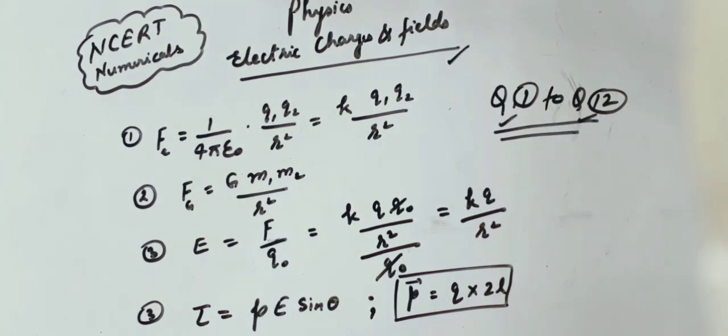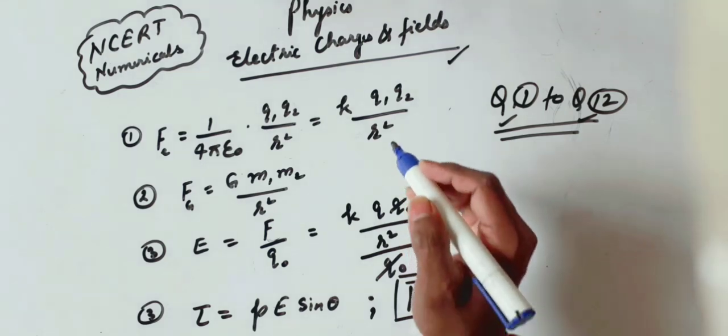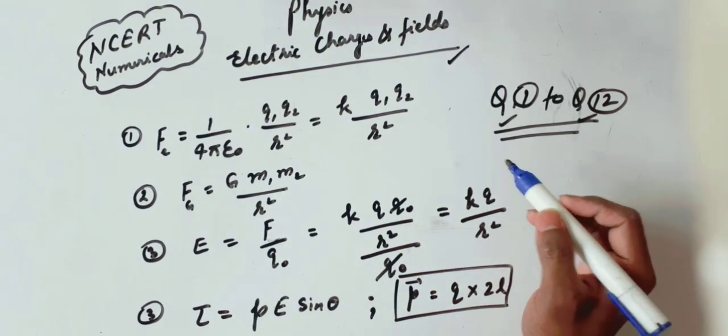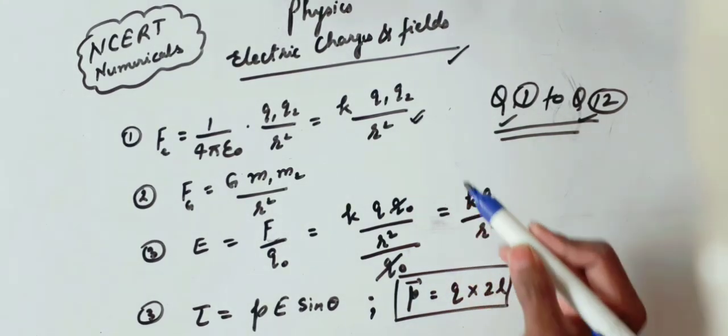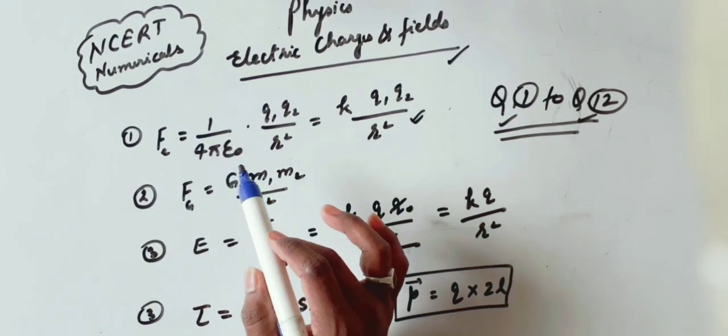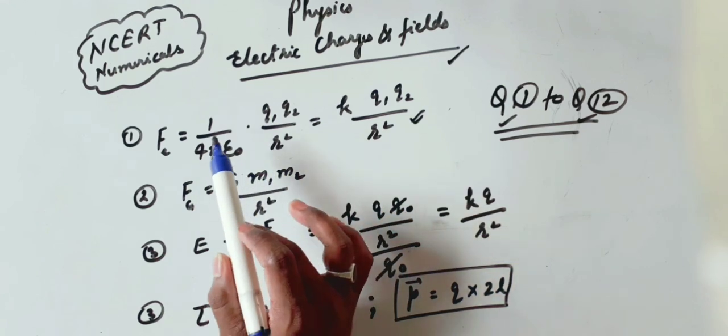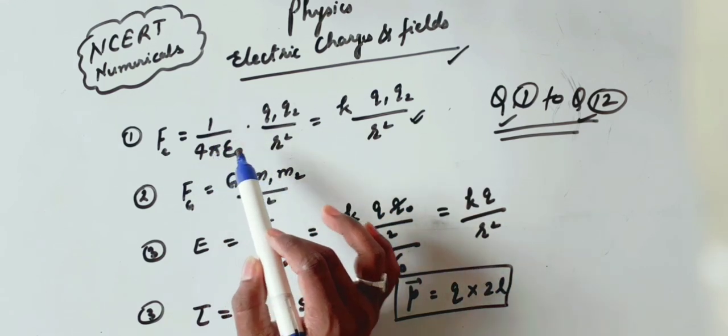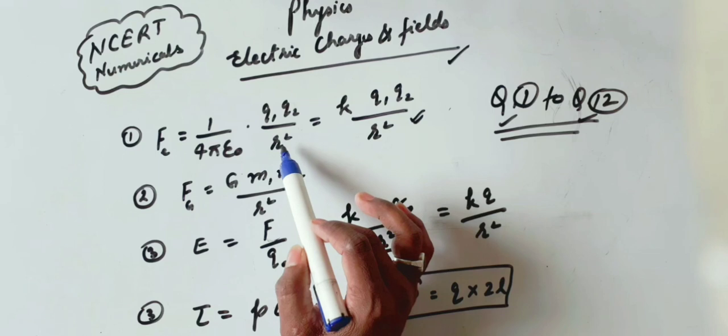Okay. So friends, first formula which is used to solve the numericals is Coulomb's law. According to Coulomb's law, the electrostatic force acting between two charges will be equal to 1 upon 4 pi epsilon naught into q1 q2 by r square.